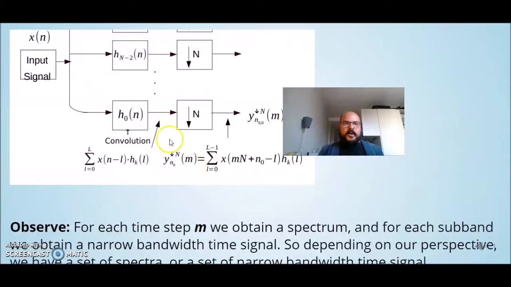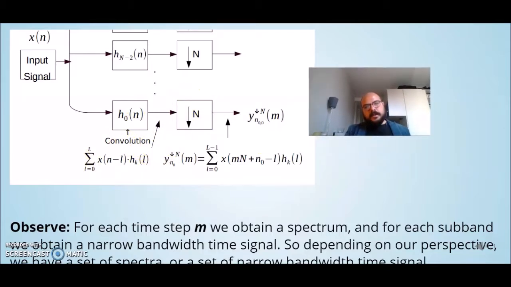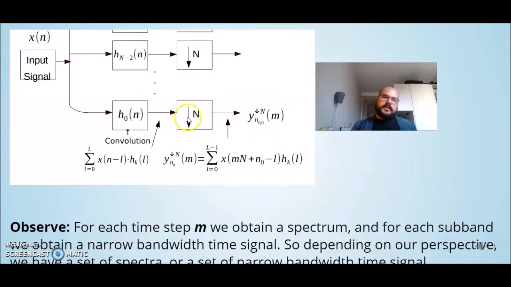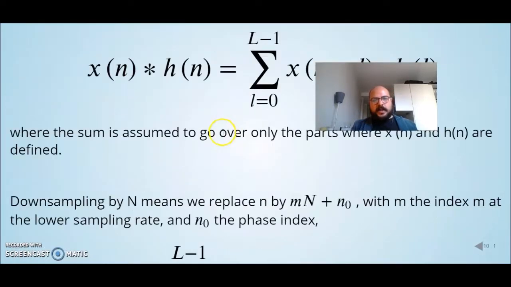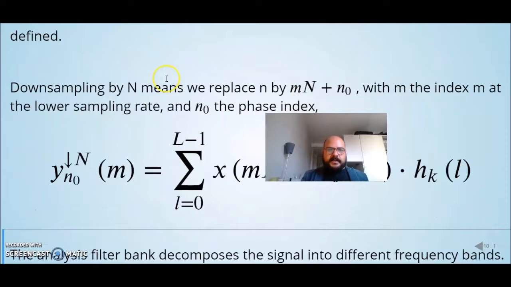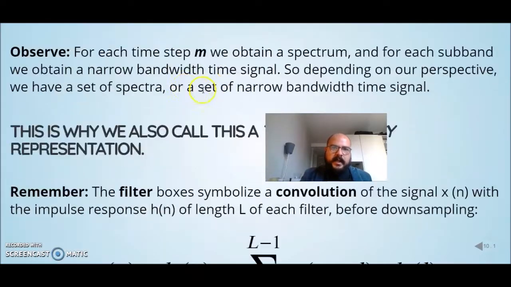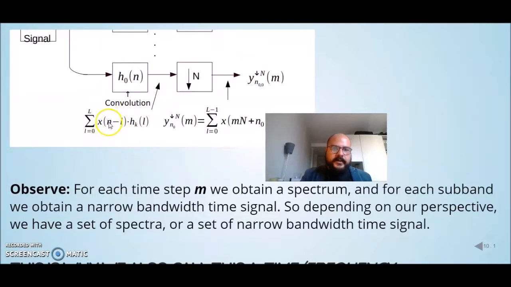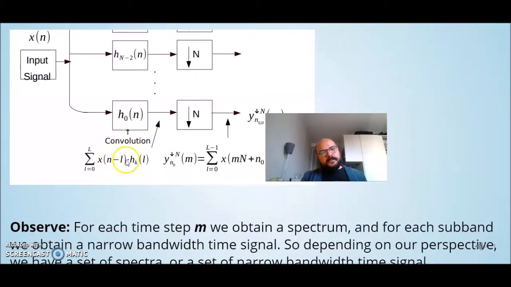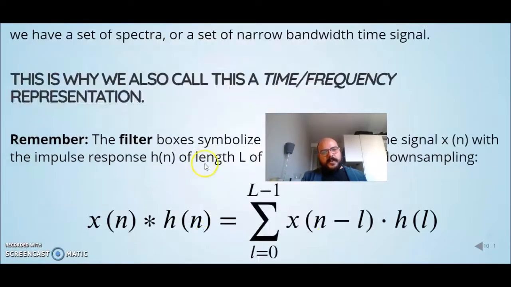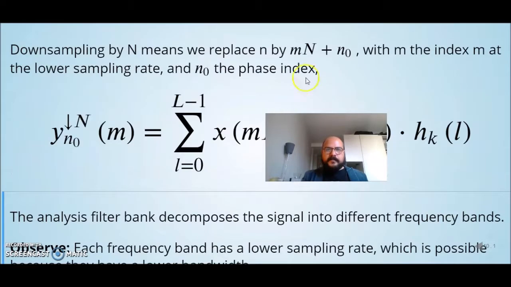So going back now, at this point, we have x of n convolved with our filter, and we have this formula. And now we need to take a look at the downsampling. So what is the downsampling operation doing? The downsampling operation is replacing our index n at the higher sampling rate by m times our downsampling rate plus n0, which is the phase index.